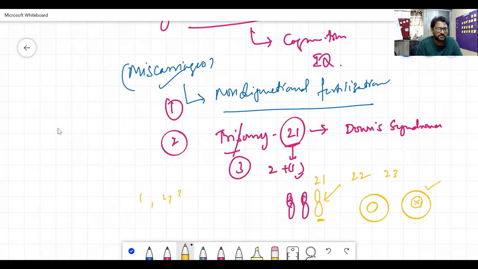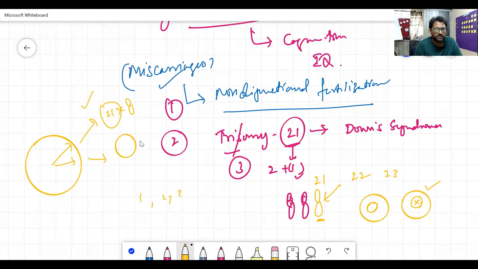When a cell is dividing into two, the chromosomes should be segregated equally to the daughter cells. But if trisomy is there, one extra chromosome came here, addition, and deletion happened there. So when this ovum fuses with the sperm, there comes Down syndrome.